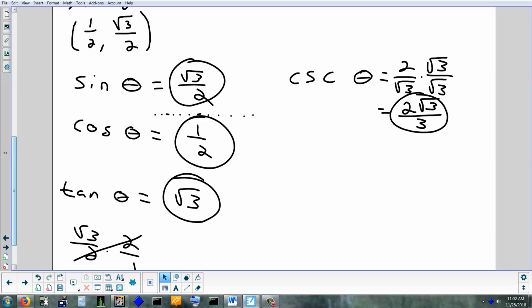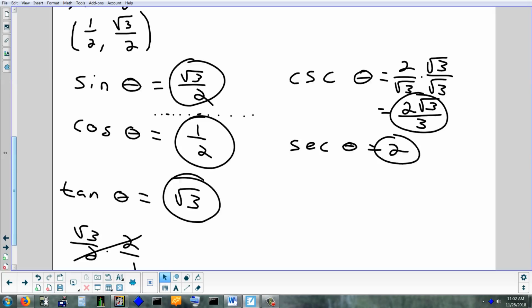What's the name of the function you get when you flip cosine? Secant. This one's not as bad to flip because there were no roots in the original, so we flip 1/2 and we just get 2.